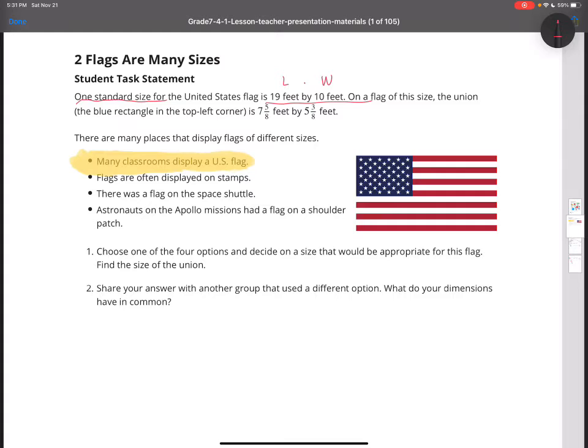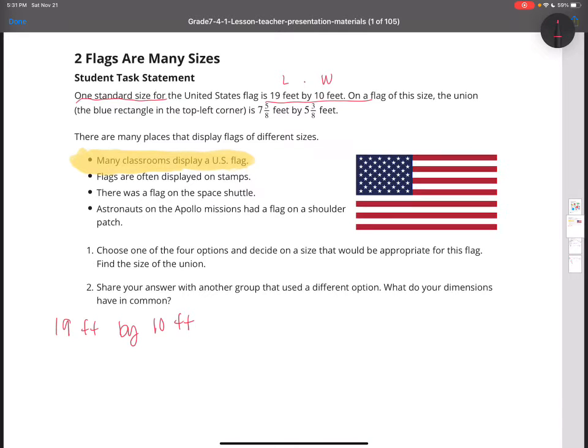So how we could do that is we can divide 10 divided by 5. So, 19 feet by 10 feet, which 10 divided by 5, whatever you do to one side, you want to do to the other side, which would be 2 feet. And then how many times can 5 go into 19? 5 can go into 19 3 times, which would be 15.